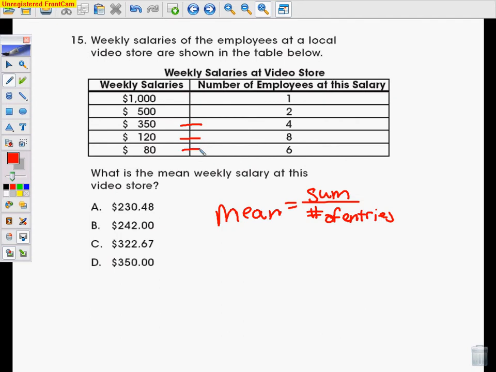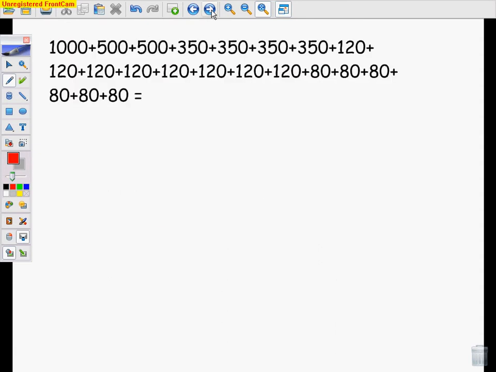Now, you could technically write all of this out, and I'll show you actually. You got 1 person making 1,000, then you have your 2 people making 500, you have your 4 people making 350, you've got all those people making 120, you got 6 people making 80, and add it all up and get 4,840.